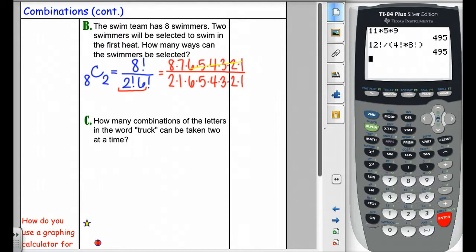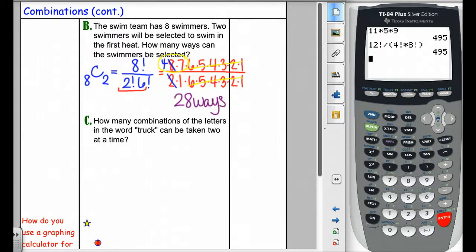I can cancel out the 6, 5, 4, 3, 2, 1. I also see that I can cancel the 2 with the 8 and make 4. So I have a 4 and a 7, which gives me a final answer of 28 ways.